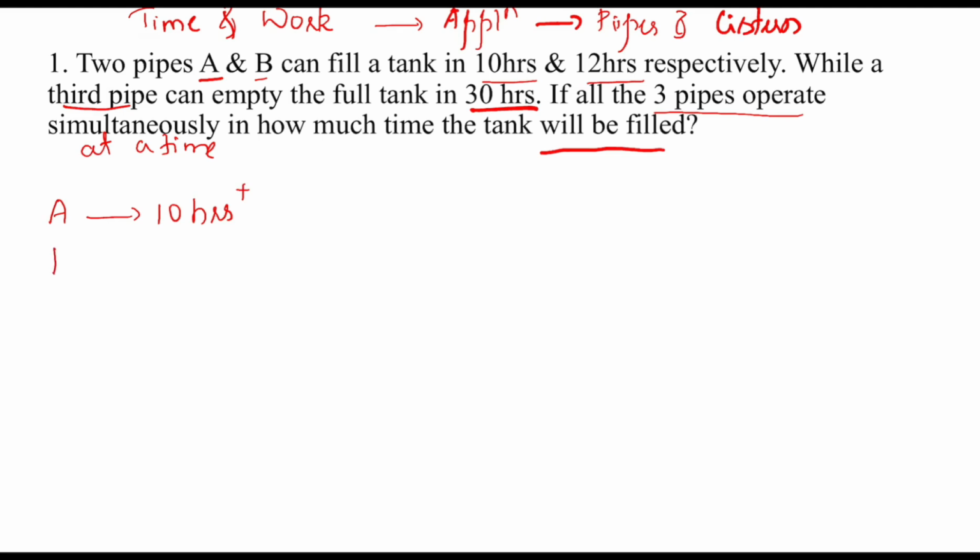Then pipe B will fill the tank in 12 hours, and there is a third pipe, let me name it C. It is emptying the full tank in 30 hours, so to denote emptying, I will use a negative sign. Now all three are operating at a time.